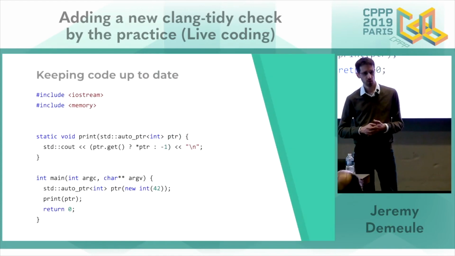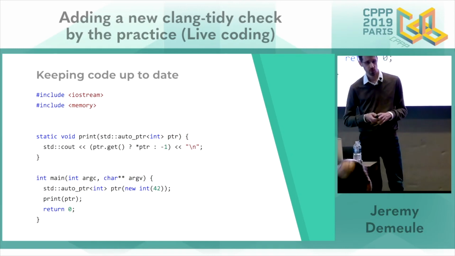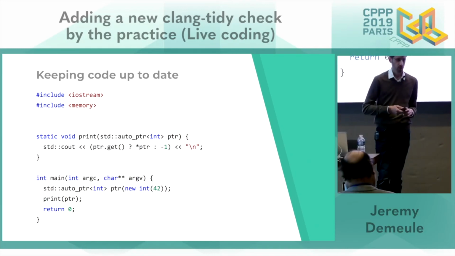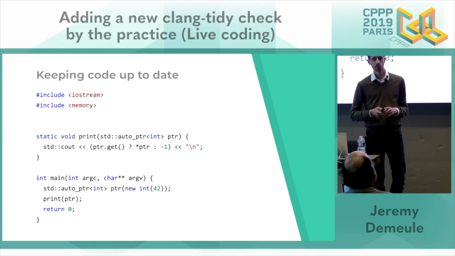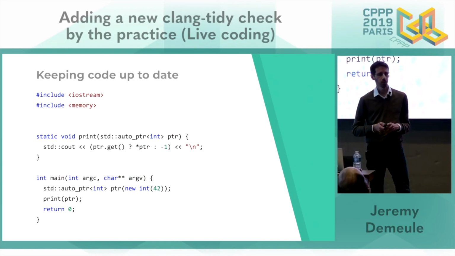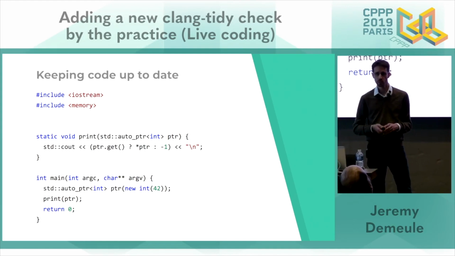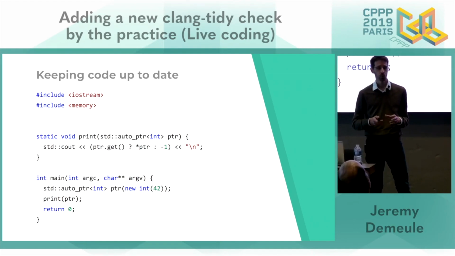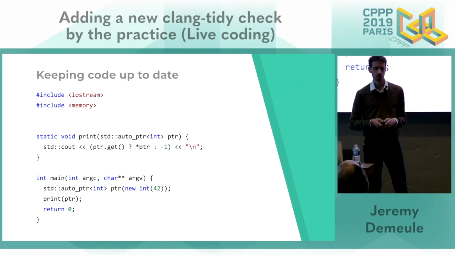A classical example could be auto_ptr. This feature was deprecated in C++11 and removed in C++17. If we want to use any feature introduced with C++17, we have to remove all the usage of auto_ptr inside the whole code line.